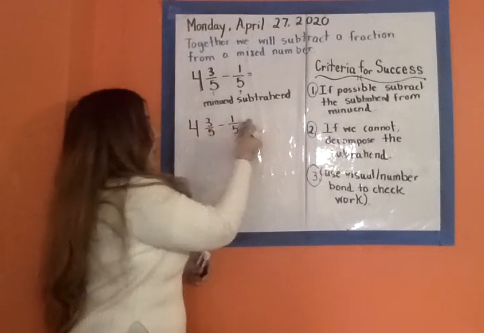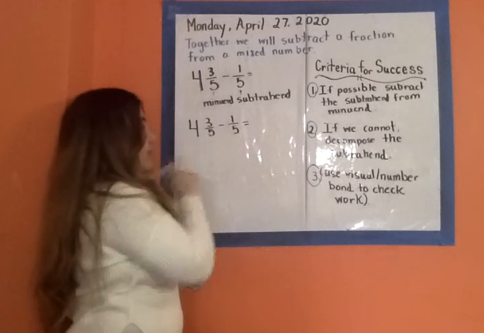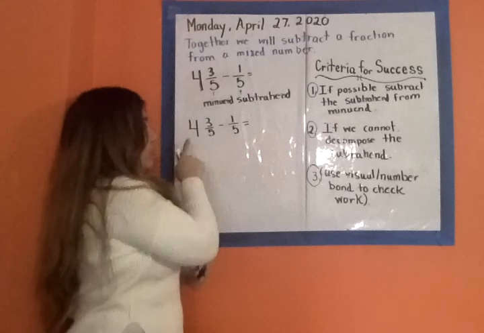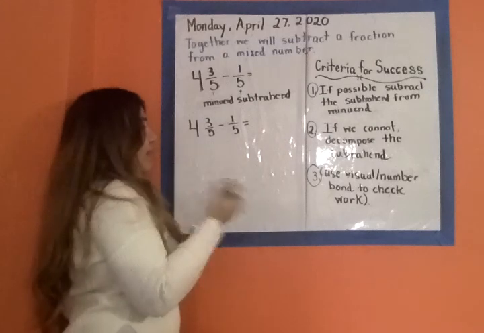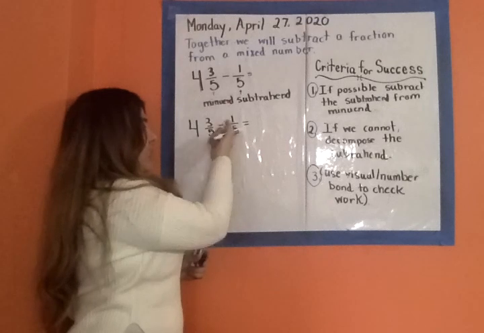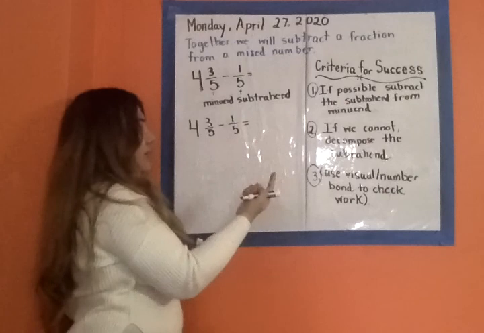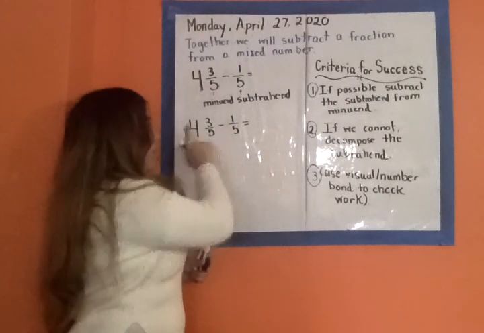And so what I'm going to do here is start off by thinking to myself, do I need to touch the whole number? Not really, because if I'm taking away 1/5 from 3/5, it's like taking away 1 from 3, right? I subtract 1 from 3, I get 2, right? Very similar. So my 4 remains untouched.